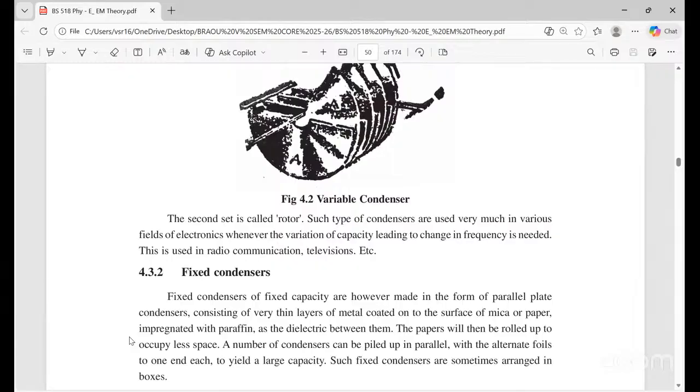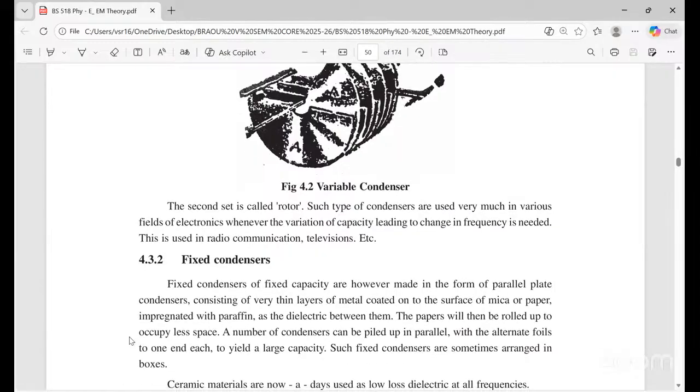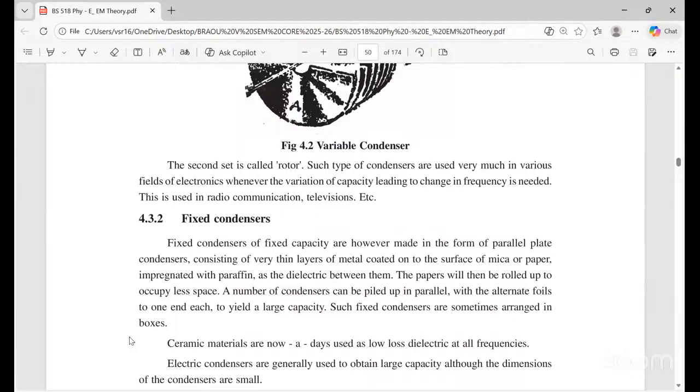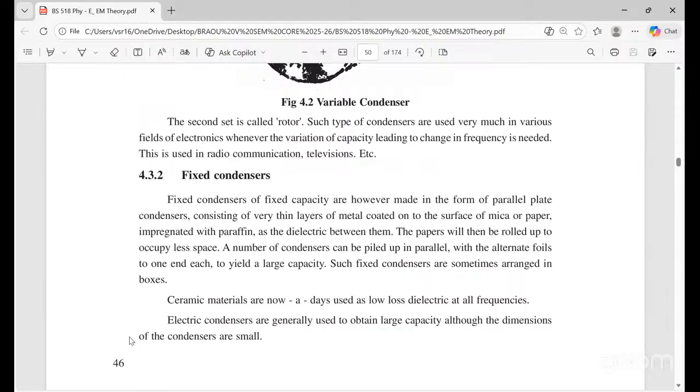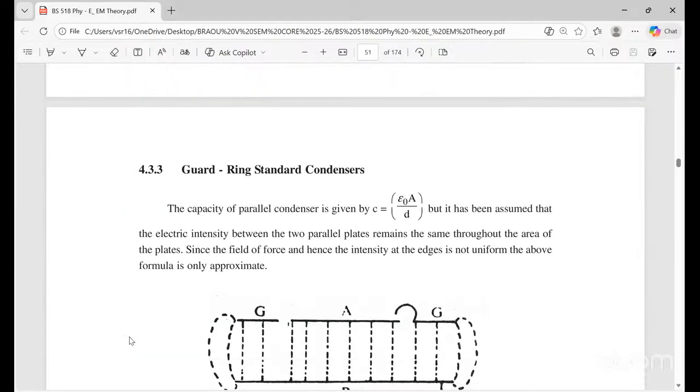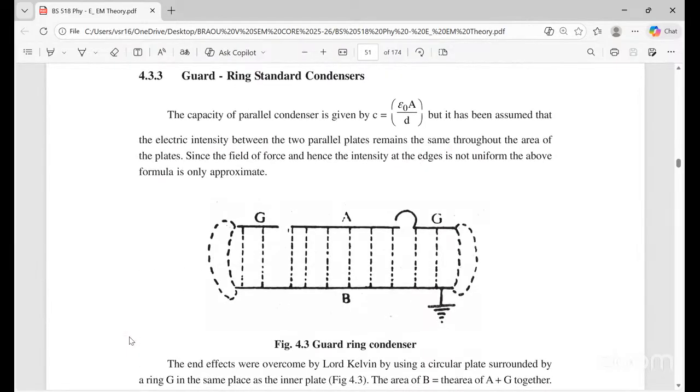Such condensers are used very much in various fields of electronics, whenever variation of the capacity leads to the change in frequencies needed. That means in radio communications, televisions, etc. Next is the fixed condenser, the standard condenser.